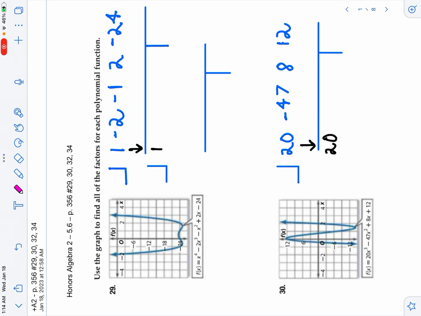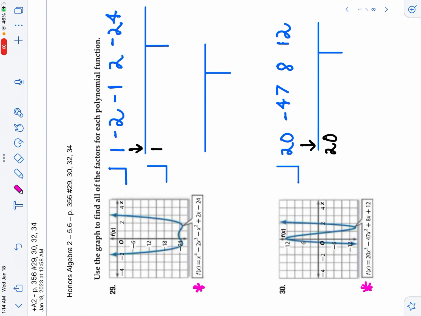This video is to help you understand page 356, numbers 29, 30, 32, and 34. In numbers 29 and 30, you are given the graph of two polynomial functions, which are listed below each function.